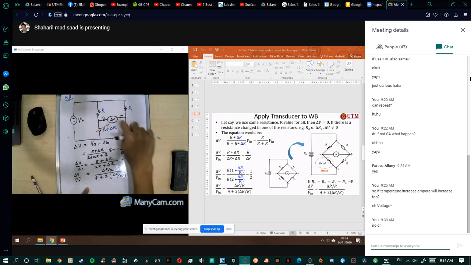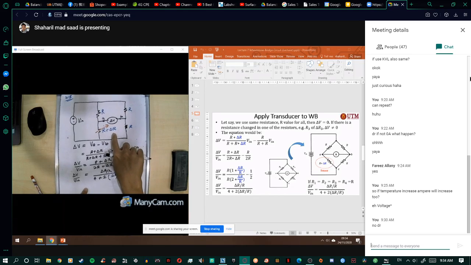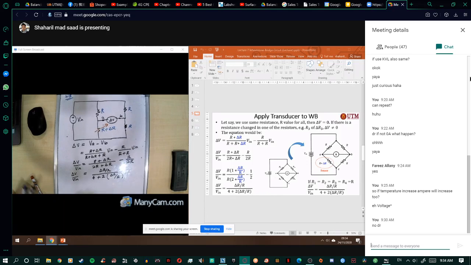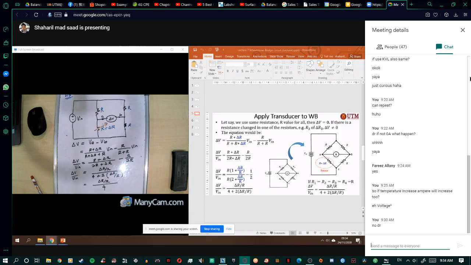If you use all the same resistors, and only one resistor is changed, this is like your transducer. So this is the formula that you get. And you can also simplify it again to delta R over R divided by 4. Why do I just choose 4? Because 2 times delta R over R will be a very small value.